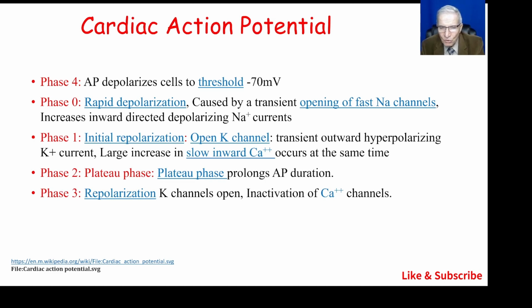So in phase 0 the sodium channels open, and this causes depolarization.